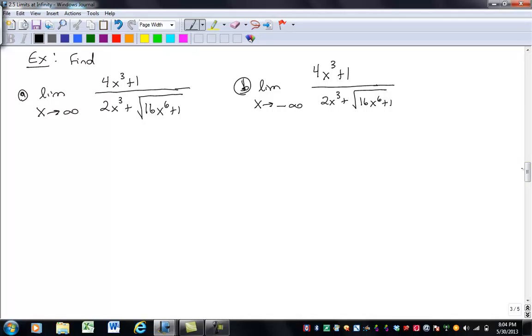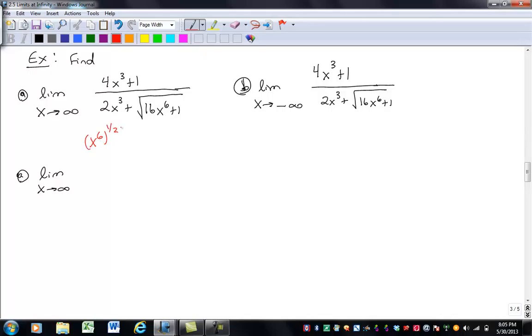This is the same function. I'm going from plus infinity first and minus infinity second. And here it's hard to find the highest power in the denominator, is all. But if I look at the bottom, I notice that 2x cubed is here. And they say, well, what's the highest power here? Well, this is x to the 6th, and it's the square root. Well, what would the square root of x to the 6th be? The square root of x to the 6th would be x to the 6th to the 1/2 power.